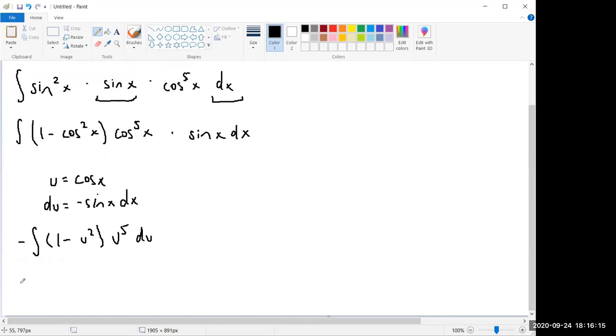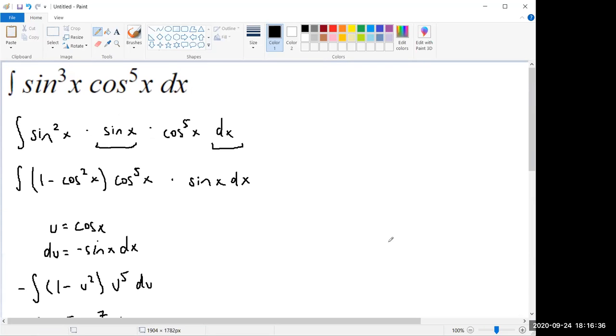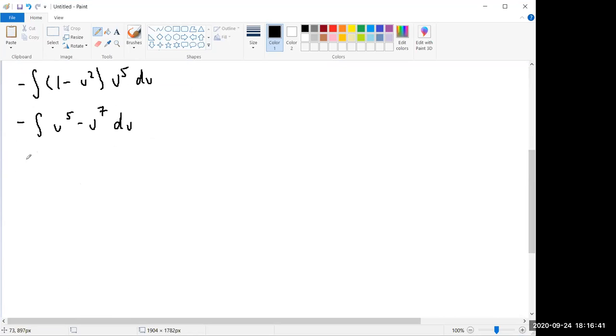And then at this point, I think you guys can pretty much figure this out. So you can just expand this. So this is u to the fifth minus u to the 7 du. And then when you integrate, you get u to the 6 over 6 minus u to the 8 over 8 plus c.